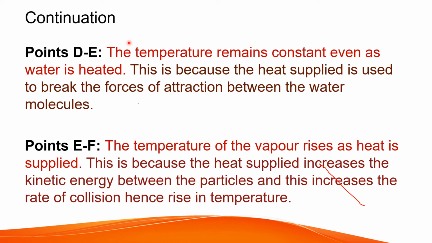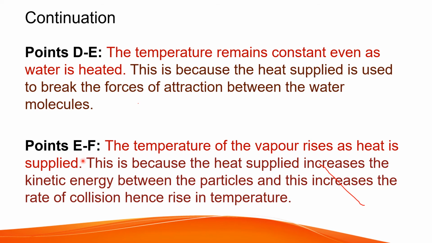So we are changing the state again. When you see a constant temperature, remember we learned about the criteria for purity. We say that a pure substance has a constant melting or boiling point. So we have already melted the substance from solid to liquid. Now we are moving from liquid to gas. And that process is what we call evaporation. Very good. So here the temperature remains constant even as we are heating. Why? Because all the heat supplied is used to break the forces between the water molecules.